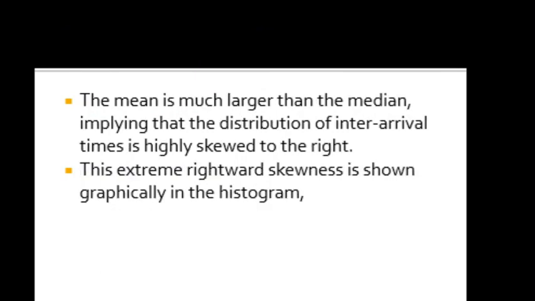Using the shape of the distribution, we know it's highly skewed to the right, and that's what we are seeing here. The mean is much larger than the median. So if we wanted to describe the center of this distribution, median would be more appropriate because the mean is getting influenced by these extreme values.